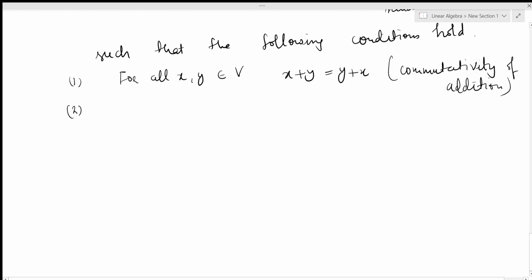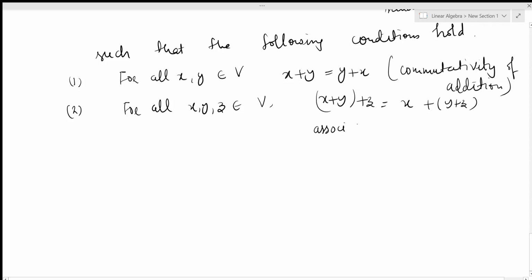Now the second one: for all x, y, z belonging to V, (x plus y) plus z is equal to x plus (y plus z). This is associativity of addition. All the 8 properties are the same as the properties satisfied by vectors.